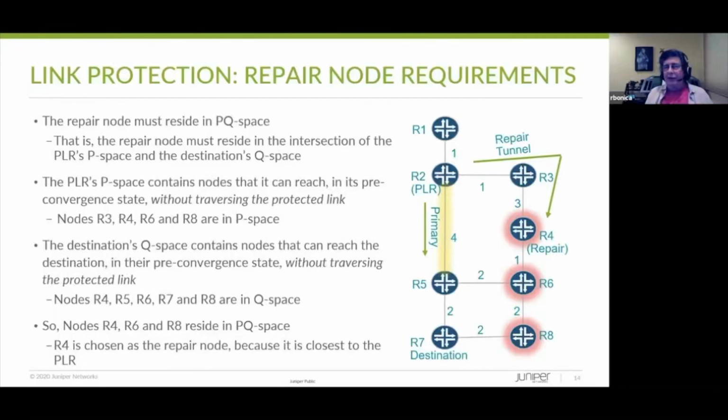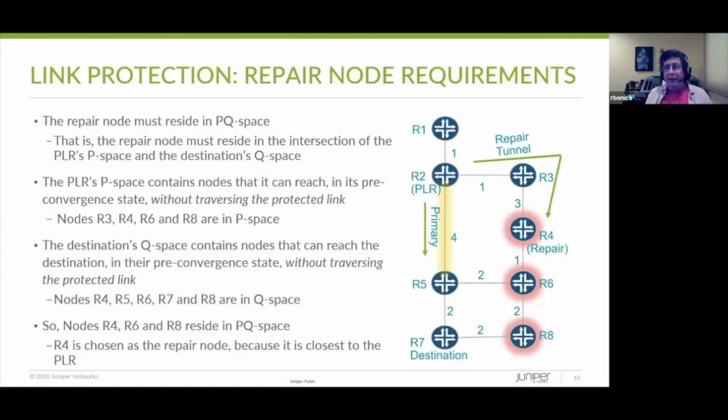The PLR's P space contains nodes that it can reach in its preconvergent state without traversing the protected link. So, in this example, R2 in its preconvergent state can reach R3, R4, R6, and R8 along the pre-computed path, along the least cost path without traversing the protected link.